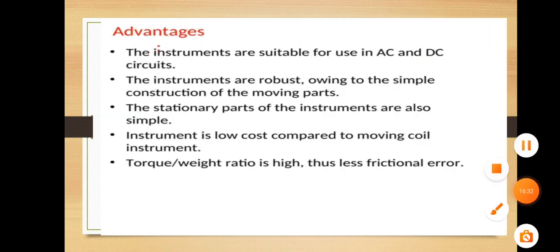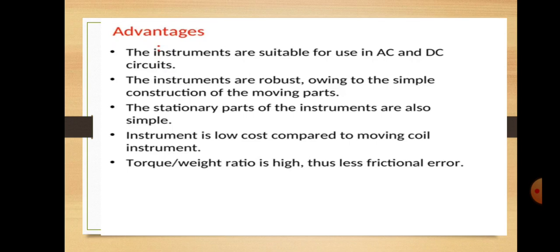Now the advantages and disadvantages. The instruments are suitable for use in AC and DC circuits. The instruments are robust owing to the simple construction of the moving parts. The stationary parts of the instruments are also simple. The instrument is low cost compared to moving coil instruments, and the torque weight ratio is high, thus less frictional error.